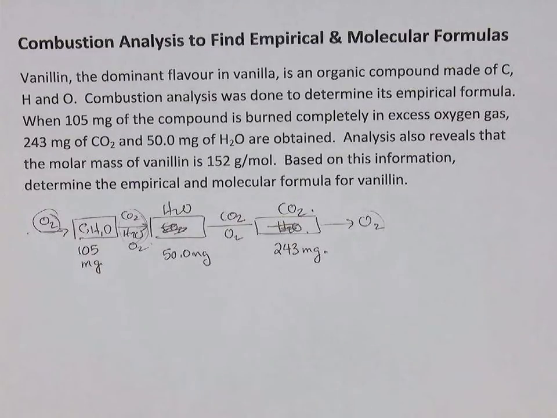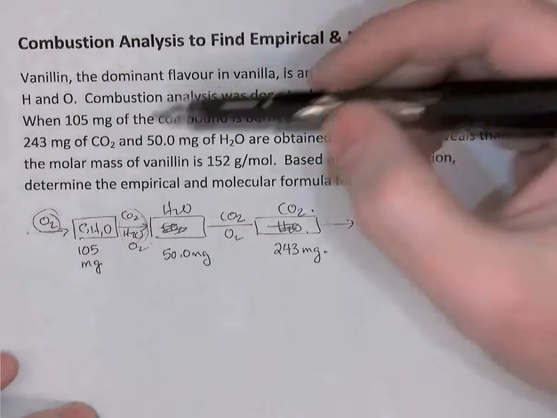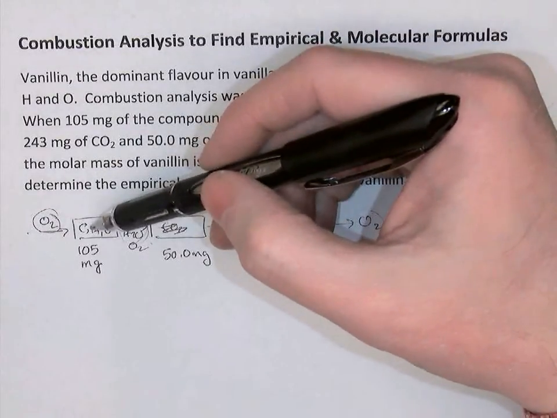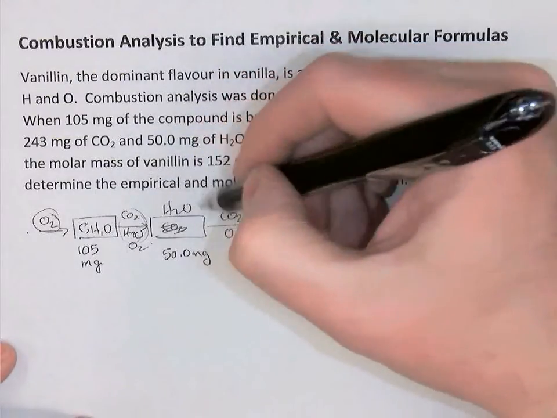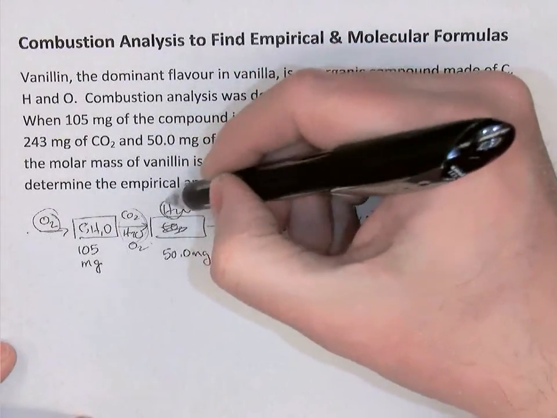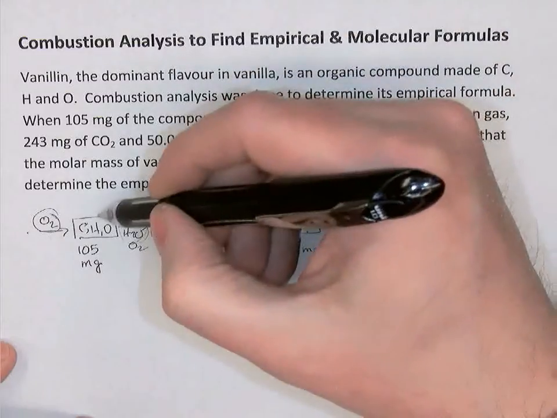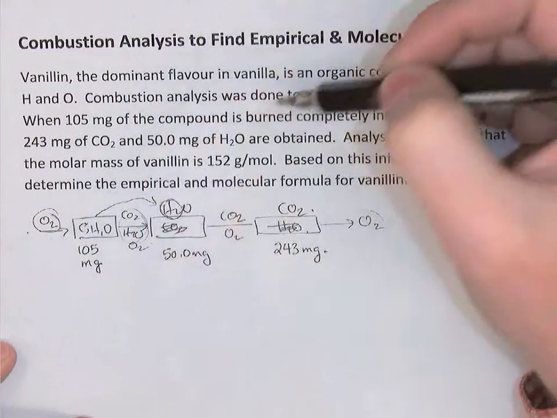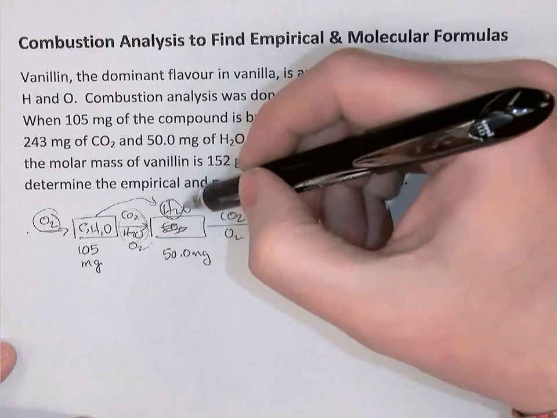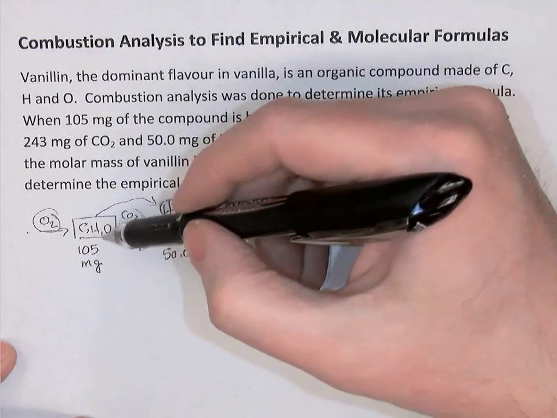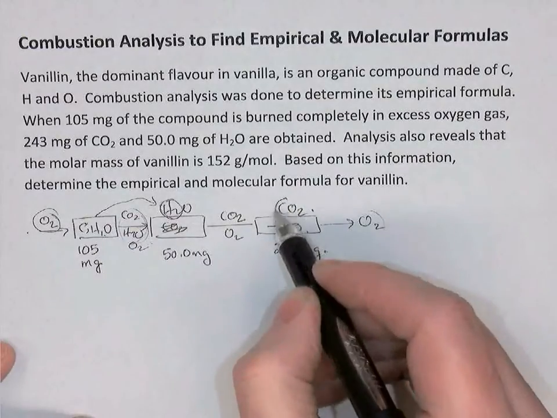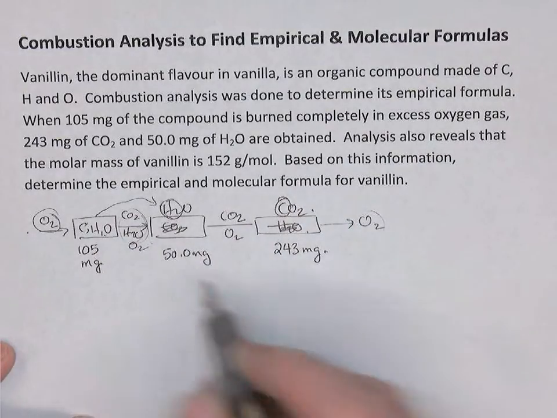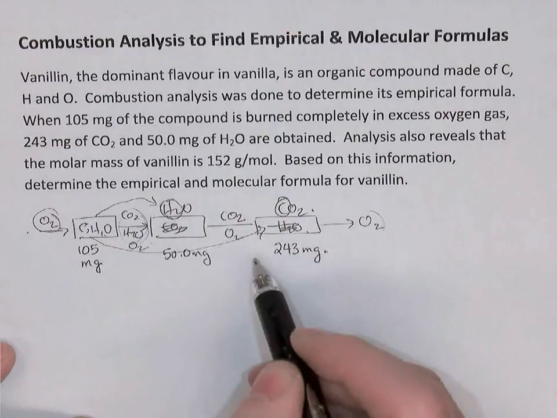Now, how do we do that? The key is recognizing, when you look at that formula, it's made of carbon, hydrogen, and oxygen, that in the water, all of the hydrogen that ends up in the water came from our compound, right? H2O, where did that hydrogen come from? Well, it came from the vanillin. In the CO2, all of the carbon that's in the CO2 also came from the vanillin.